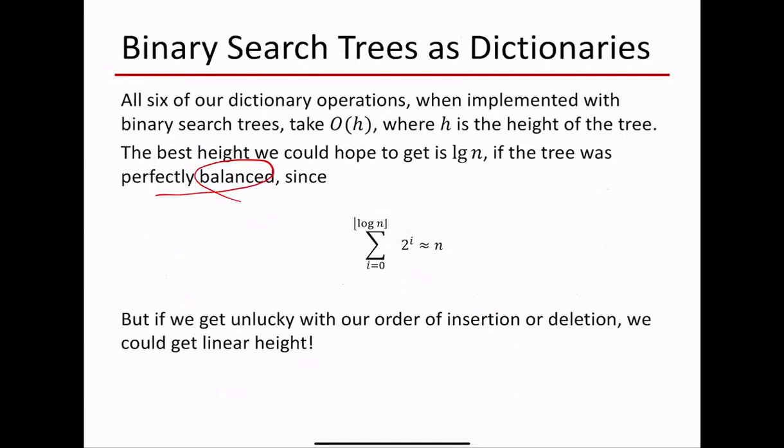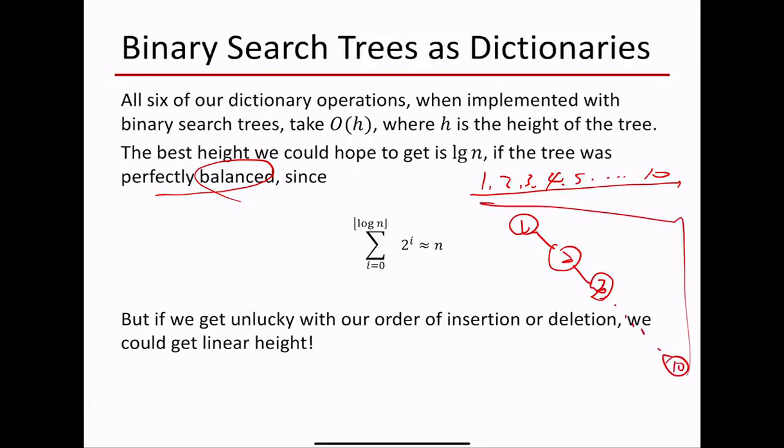What if I insert the values 1, 2, 3, 4, 5, 10 sequentially? 1, then 2 is bigger than 1, then 3 is bigger than 2. Oh, it is one skewed line, one skewed tree. Then its height H is a function of n.